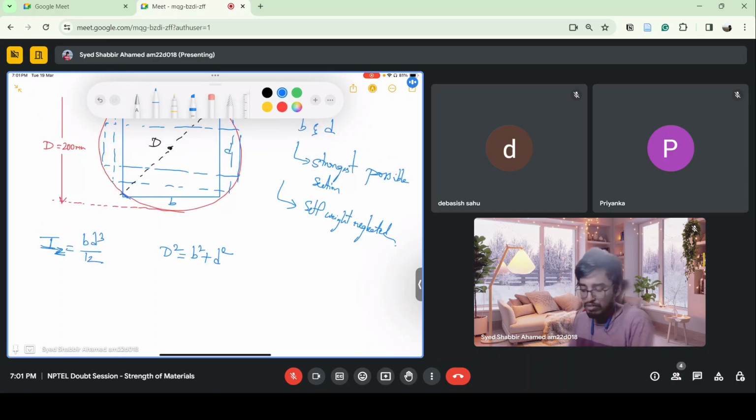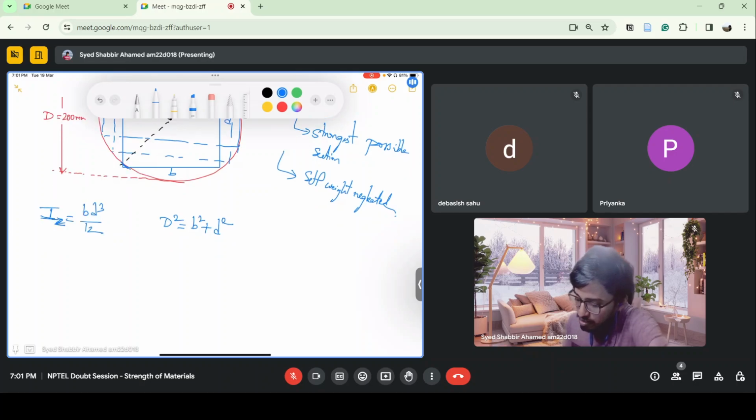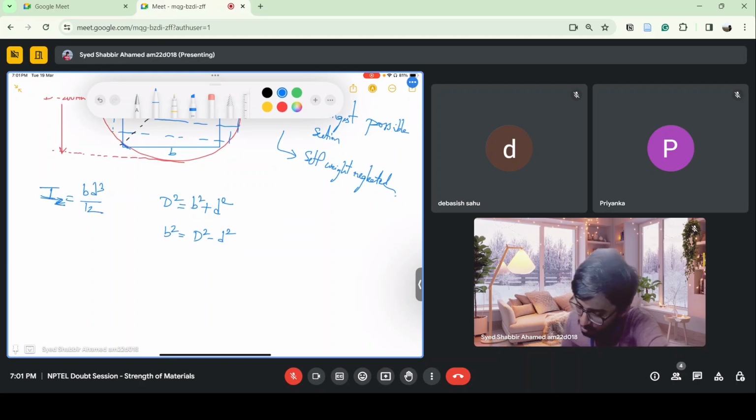The sum of square of breadth and square of depth should be equal to the diameter square. This is our constraint. So now I'll take d square is equal to capital D square minus small b square.